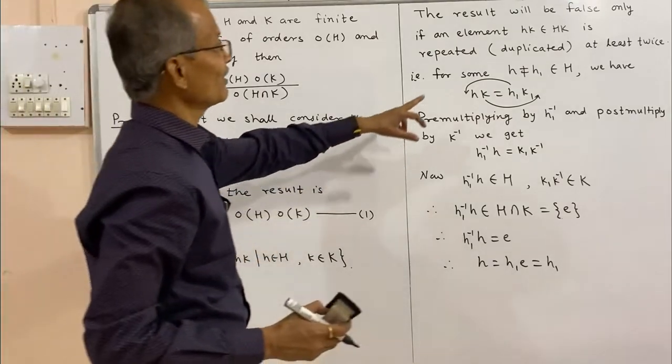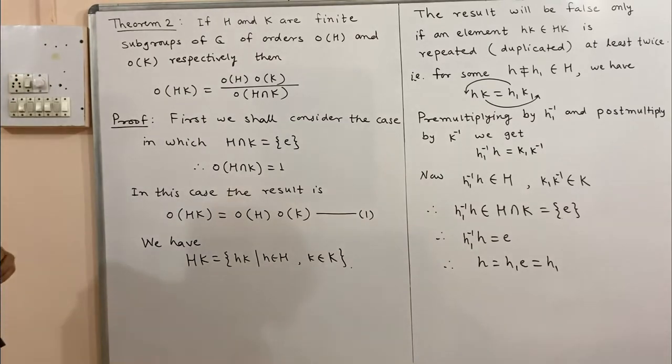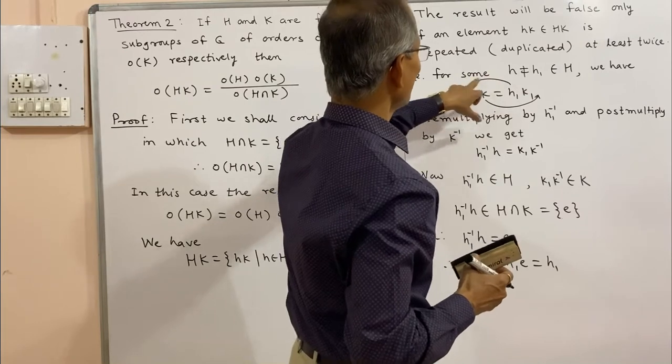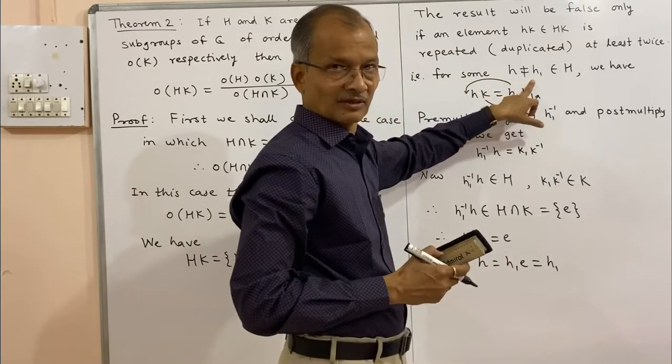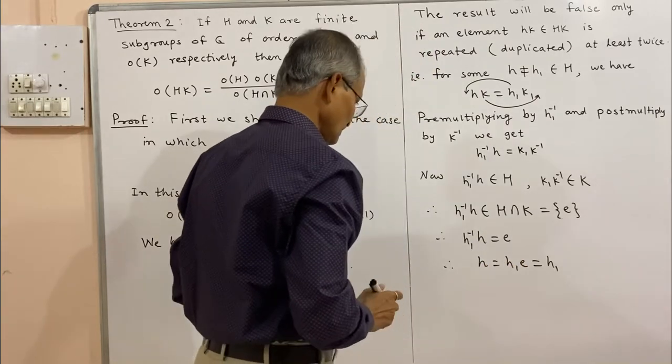Why? We have assumed there is no duplication of elements, so h is not equal to h1, that we have considered. The result is false only if the element hk is repeated at least twice, and we have assumed for some h not equal to h1. This is our assumption, and we get here h equal to h1. So this is a contradiction.